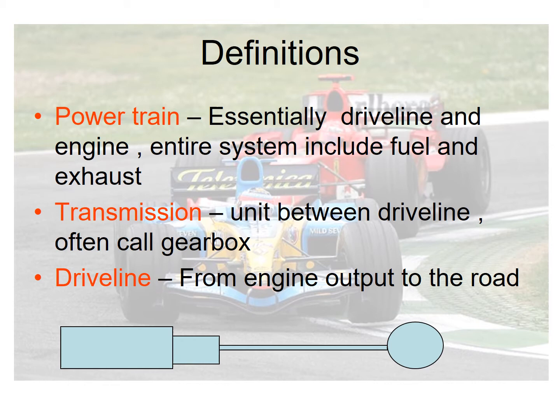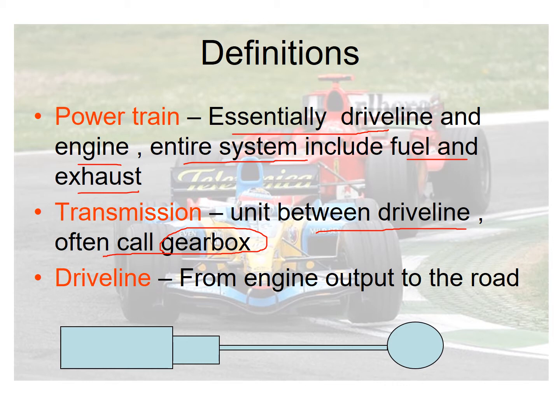Okay, as we know, the definition of powertrain is the essential driveline, an engine, the entire system including fuel and exhaust. And the definition of transmission is a unit in the driveline, and often we call it a gearbox. And what is a driveline?